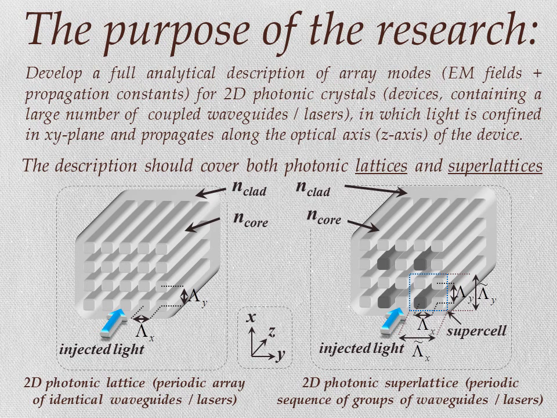The description should cover both photonic lattices and superlattices. Here you see an example of a 2D photonic lattice, or periodic array of identical waveguides or lasers, and a 2D photonic superlattice, a periodic sequence of groups of different waveguides or lasers.